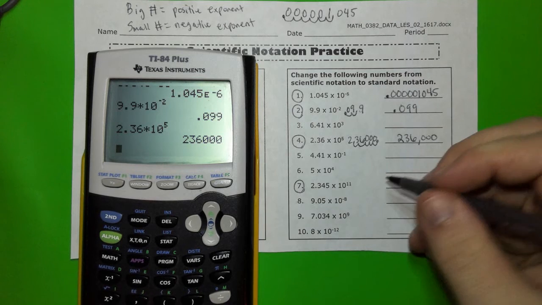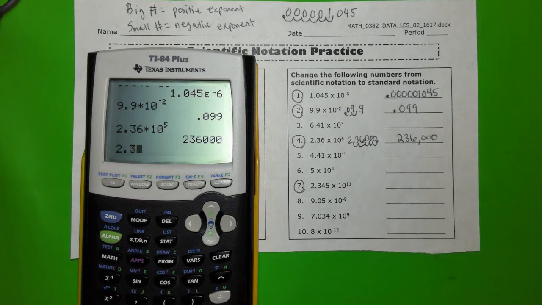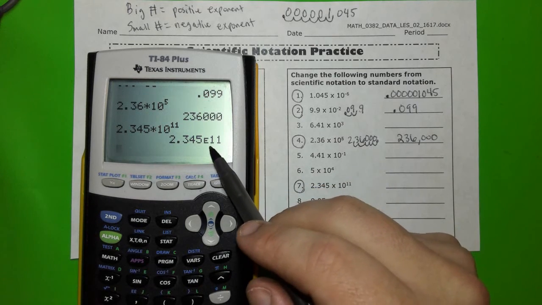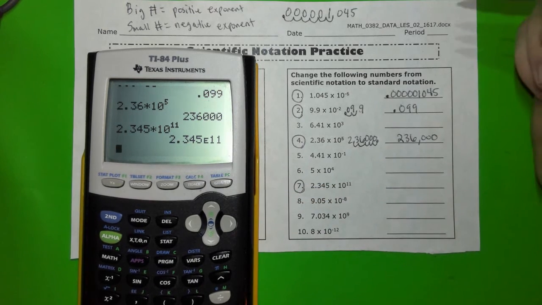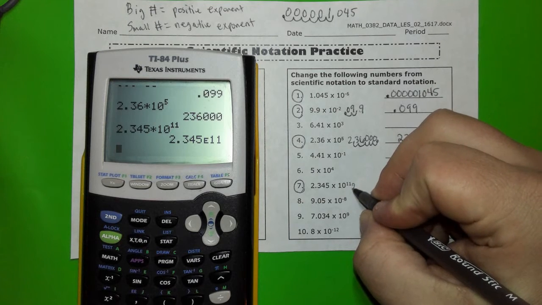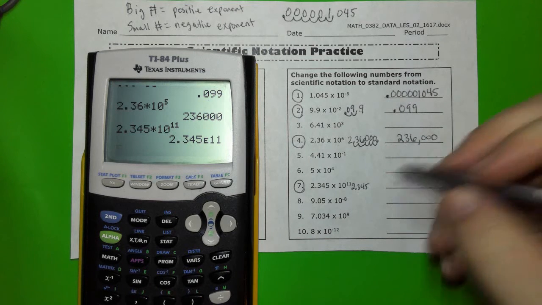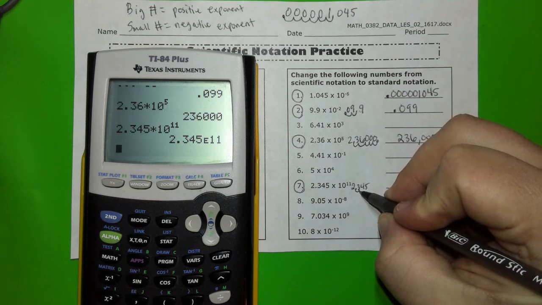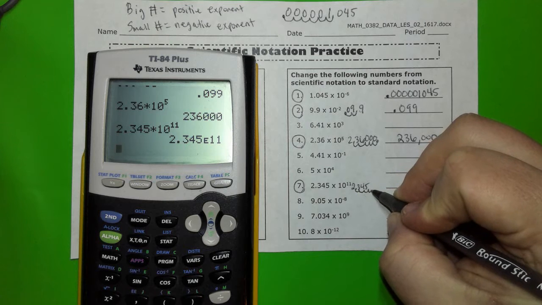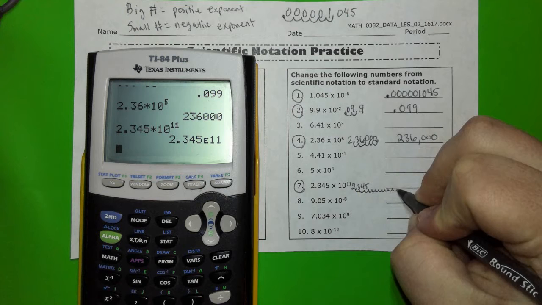Okay, here we go, 2.345 times 10 to the 11th. Now this one, remember, you can't do in the calculator because it is over an exponent of 10. See, if I try to do it, I'm going to get that E symbol. Right, and remember, this is not acceptable for standard notation. Okay, so here I'm going to do 2.345, and I've got to move it 11 spaces. Okay, and I'm going to move it to the right because I know it's going to be really big numbers. So 3, 4, 5, 6, 7, 8, 9, 10, 11.